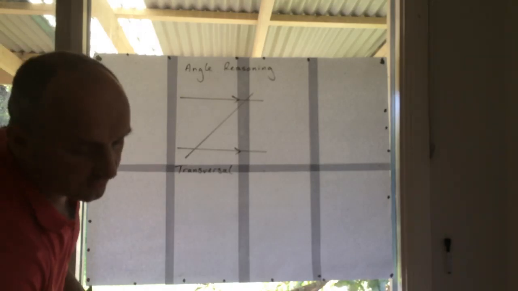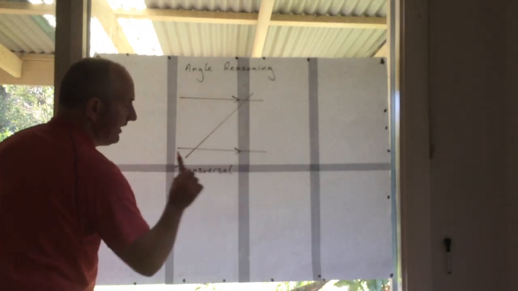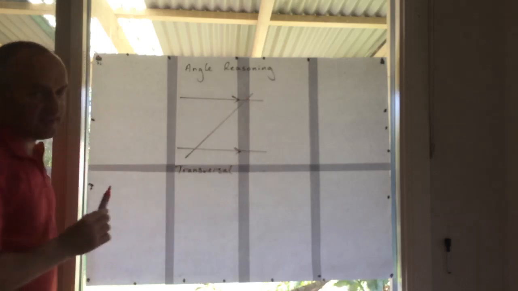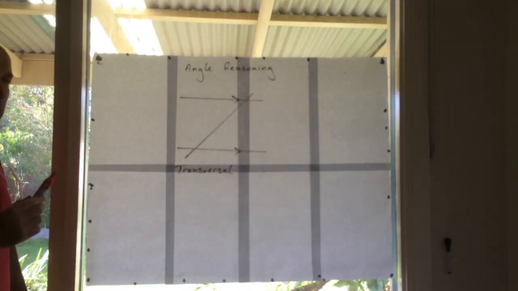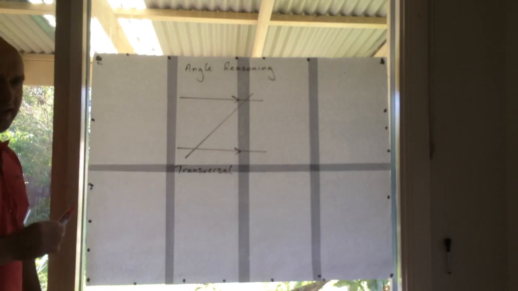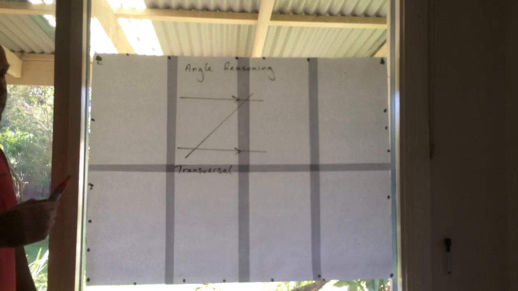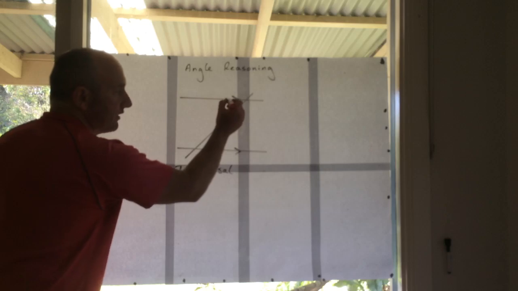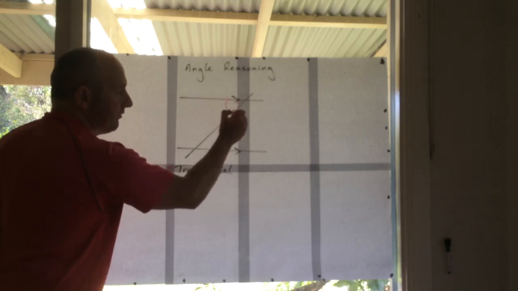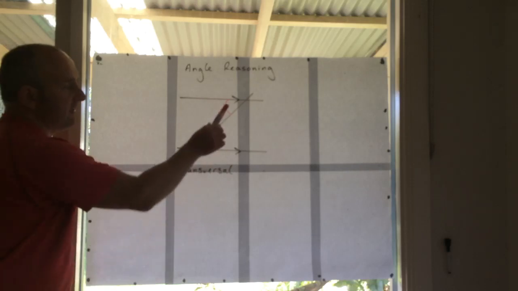Now, with a transversal line, we create this shape here, the shape of a Z. Well, Z is at one end of the alphabet. What letter's at the other end of the alphabet? A. So the special name to do with this begins with an A. So I look here and I say, okay, what do I know about that angle there and that angle there?